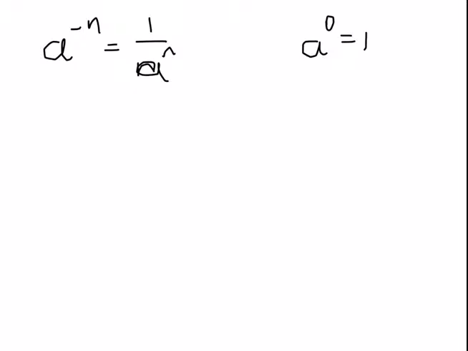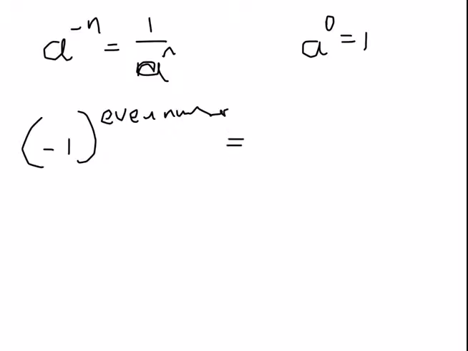What else do I need to remind you? The other thing is that when you have a negative base to the exponent of an even number, you remember by now what an even number is, isn't it?